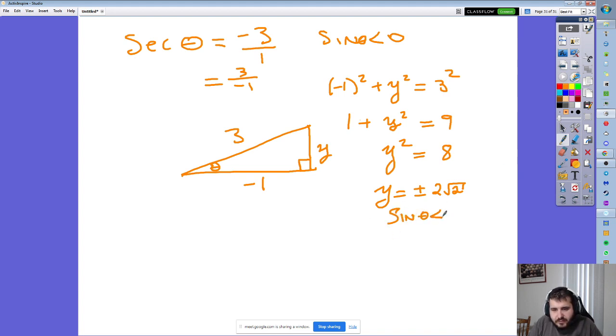Sine is less than 0, so y has to be -2 radical 2. And again, if you put radical 8 instead of 2 radical 2, you're still fine. And then you write out your sine, cosine, tangent, secant, cosecant, cotangent.